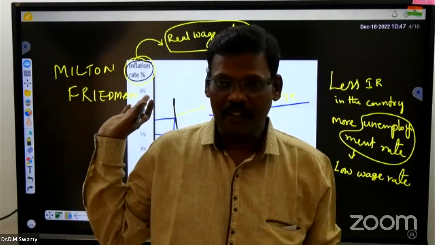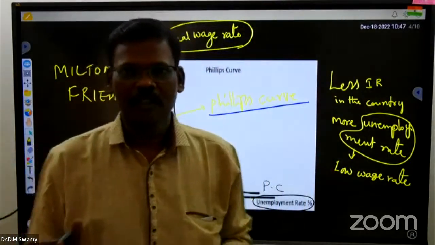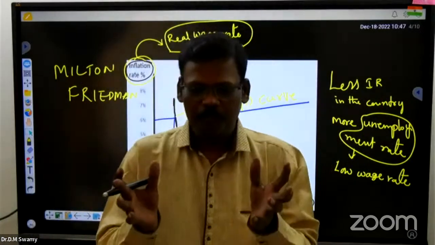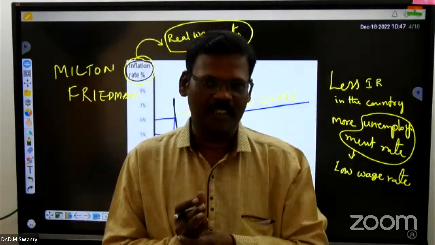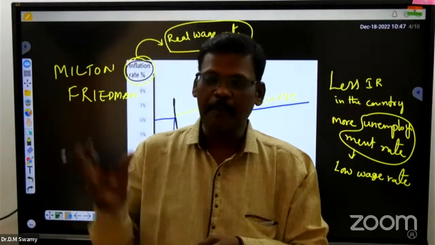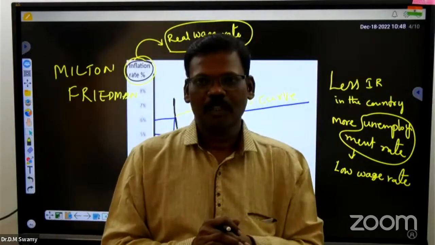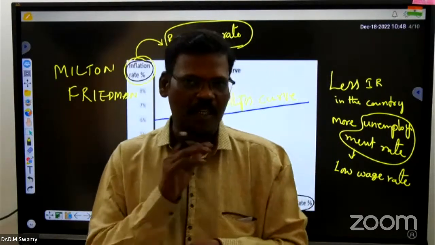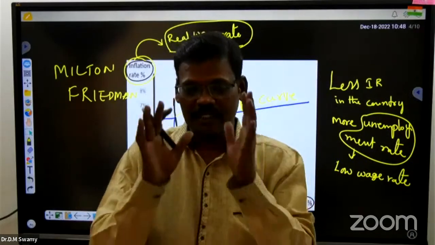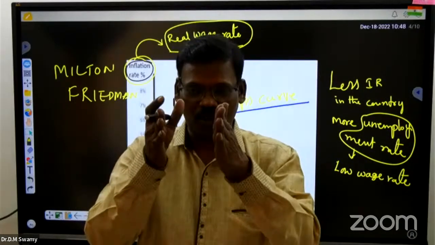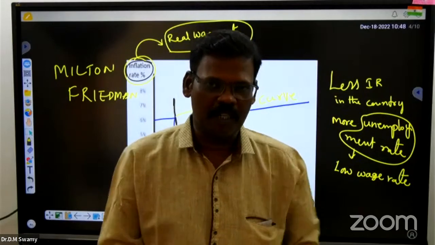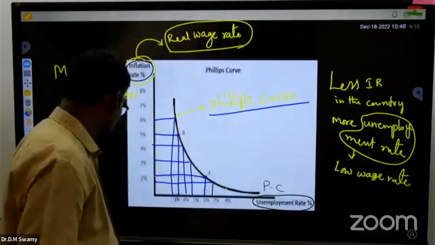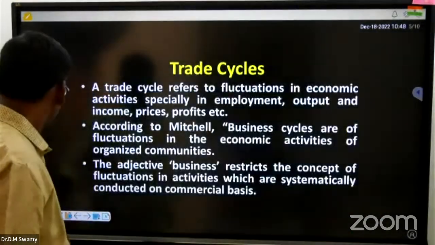If you observe this concept, we cannot see the inverse in real circumstances. That's why many people criticized the Phillips curve concept. But anyway, this is one of the important aspects we have to understand about the Phillips curve.